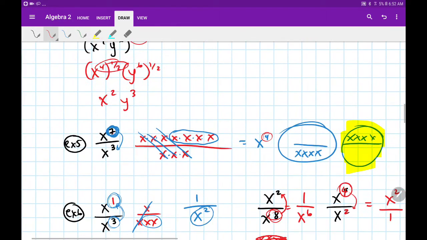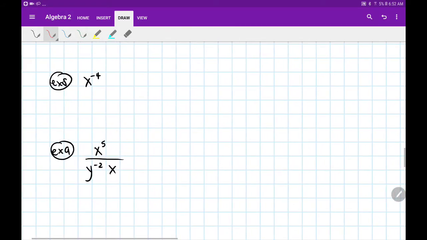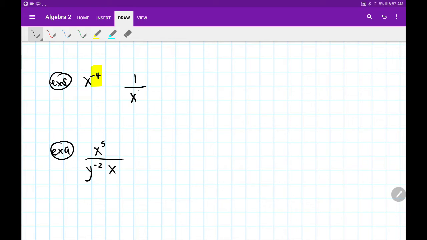So let's look at an example. If I have x to the negative 4, I want to get rid of my negative exponent right off the bat. That means I'm dealing with 1 over x to the 4th power, now in our denominator. Similarly, if I have 1 over x to the negative 5, that really means I just want to move my x from the denominator now into the top.